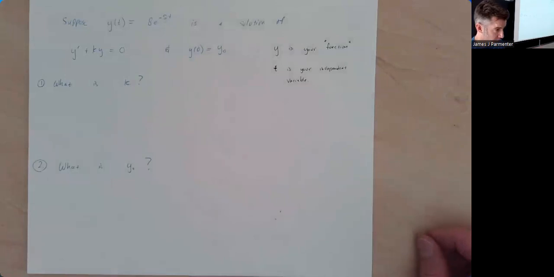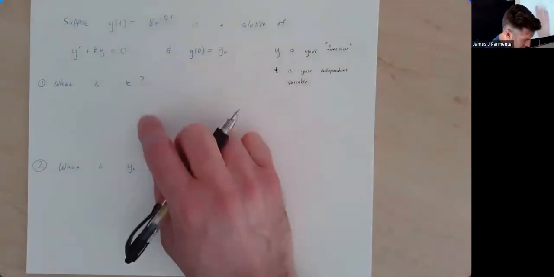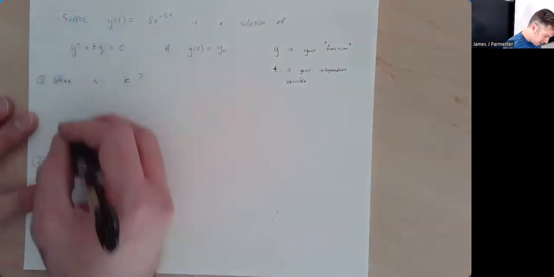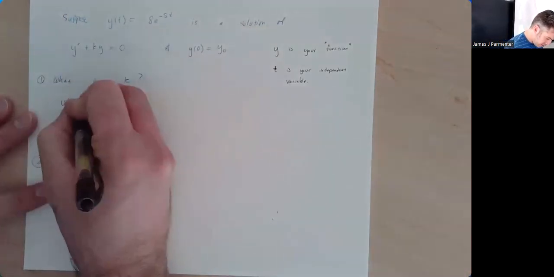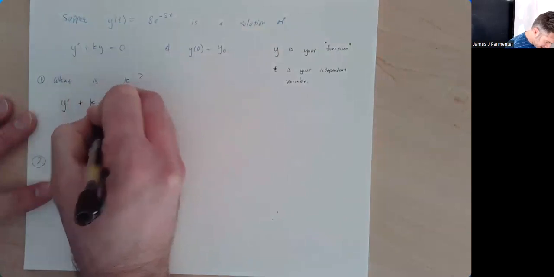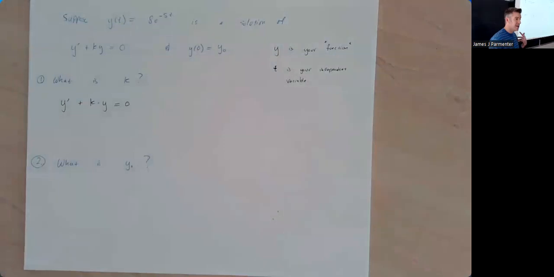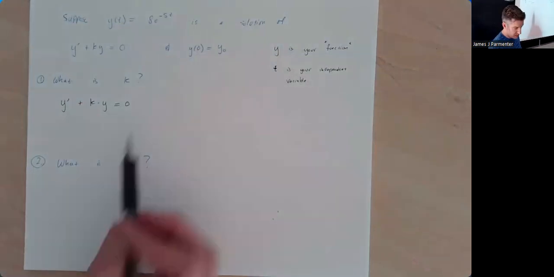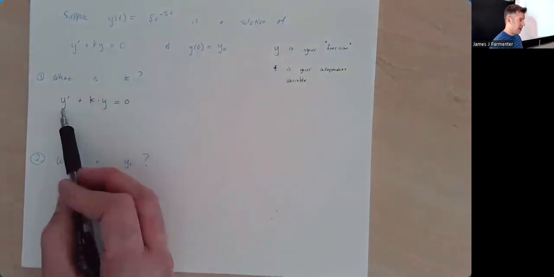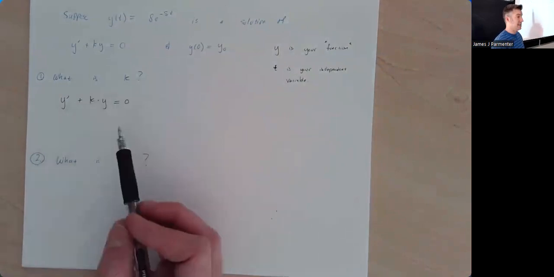They've already solved it for us. All they're asking us to do is figure out what k is. So we know that y prime plus k times y should equal 0. So if we want to figure out what k is, what we need to do is substitute in what y and what y prime are and figure out what k has to be.